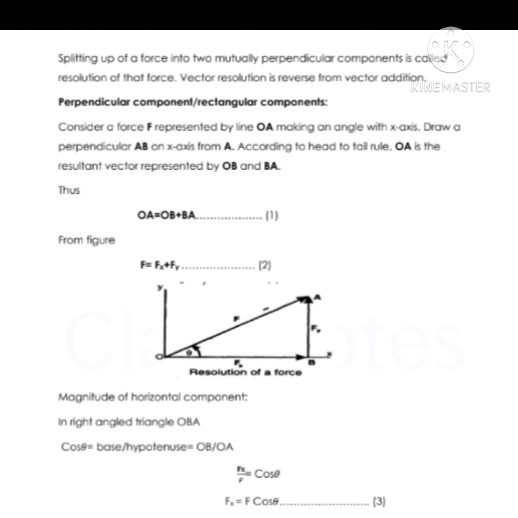So in right angle triangle OBA, cos theta equals base over hypotenuse, that is equal to OB upon OA. By putting these quantities, Fx equals OB and F equals OA, so Fx upon F equals cos theta. By this we have Fx equals F cos theta, that is the horizontal component.